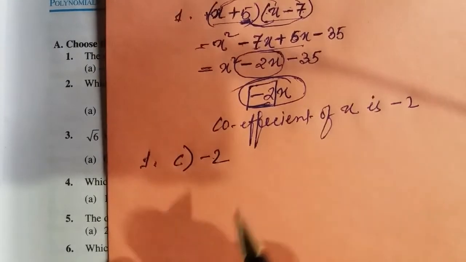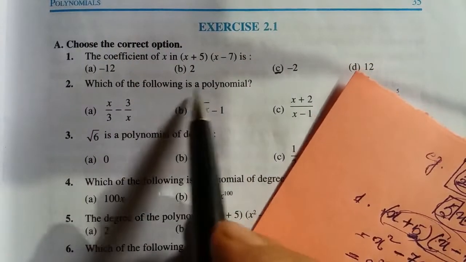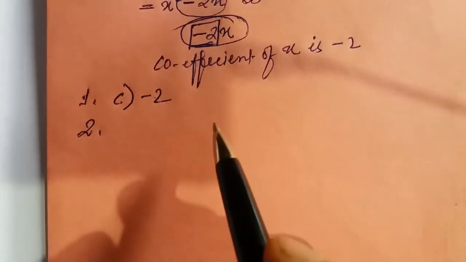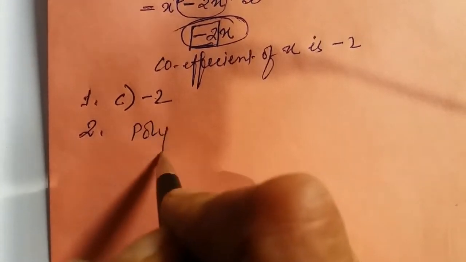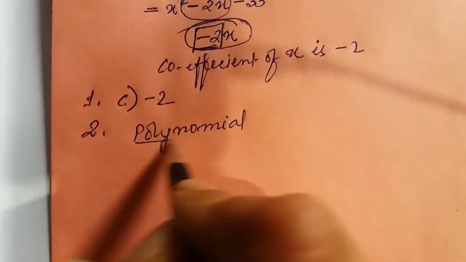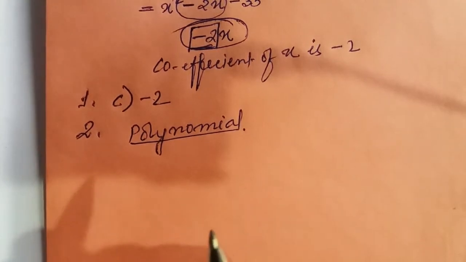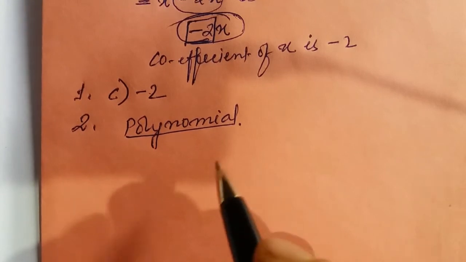Now let's see the next question, question number 2: which of the following is a polynomial? First we will recall what a polynomial is. A polynomial is nothing but an algebraic expression whose powers are whole numbers.